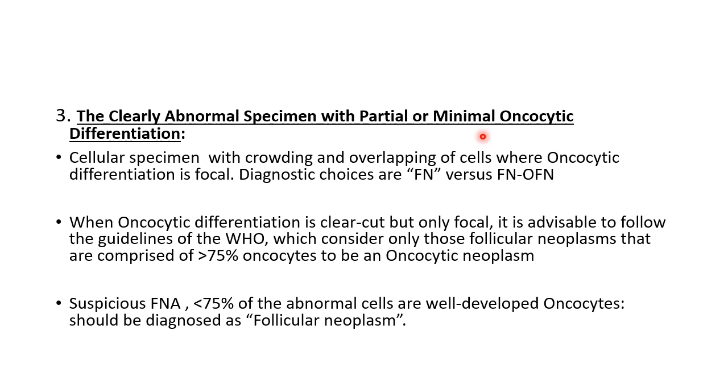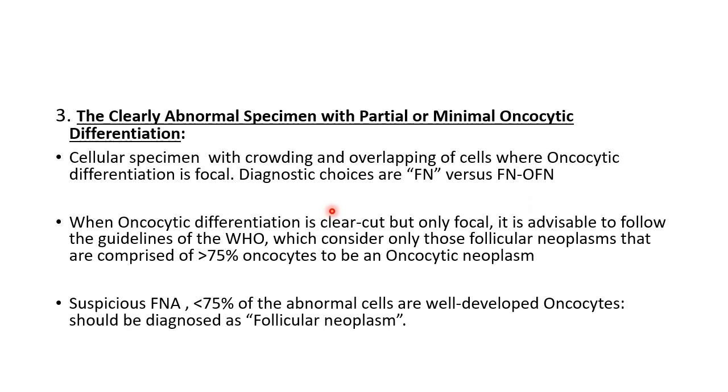Then another scenario is where you can have a clearly abnormal specimen with partial or minimal oncocytic differentiation. So you have a cellular specimen having crowding and overlapping of cells, but the oncocytic differentiation is focal. So diagnostic choice will be between the follicular neoplasm or oncocytic follicular neoplasm. So you have microfollicles, you have architectural crowding, overlapping of cells, but oncocytes are less.